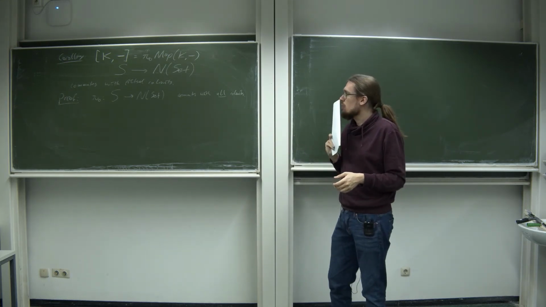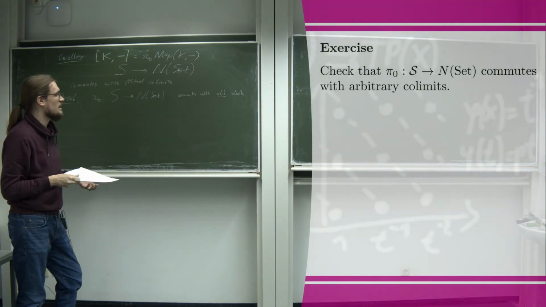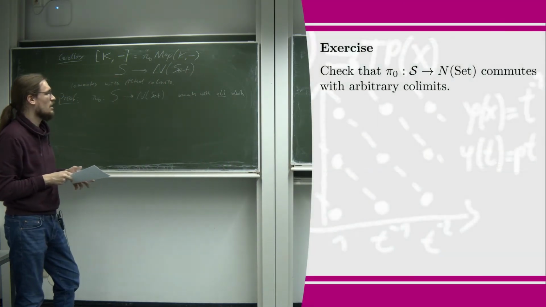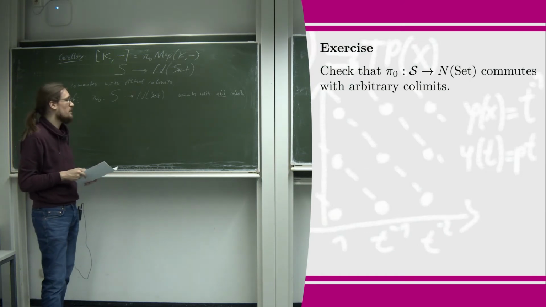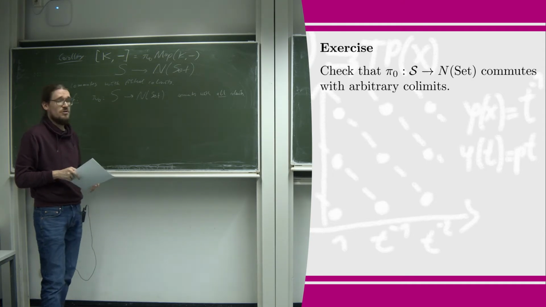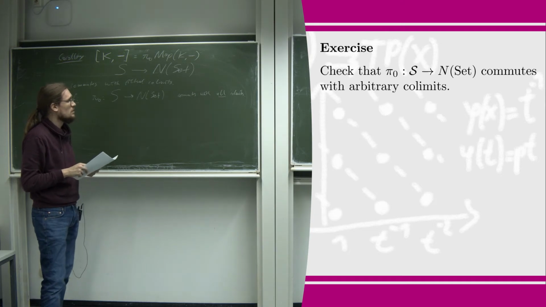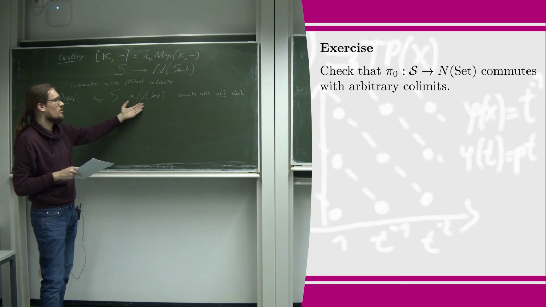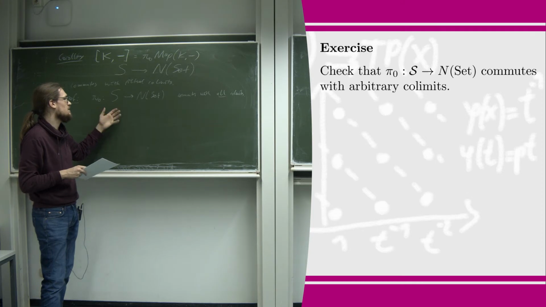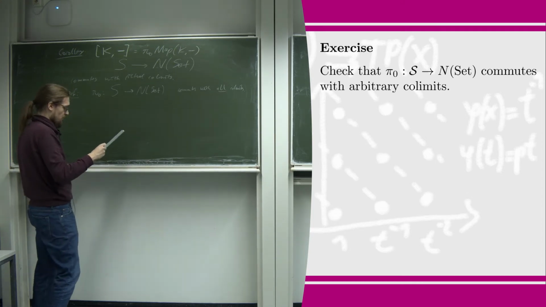And so this is maybe a good exercise in recalling how colimits in the infinity category of spaces were defined, to check that this really commutes with coproducts and pushouts. We will actually see later that this functor commutes with all colimits for a more direct reason, namely it's left adjoint to another functor, but let's not go into that now.